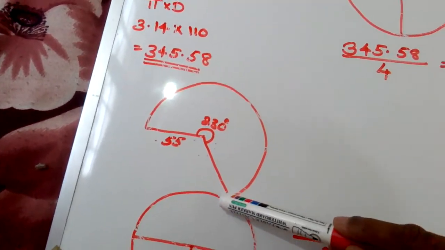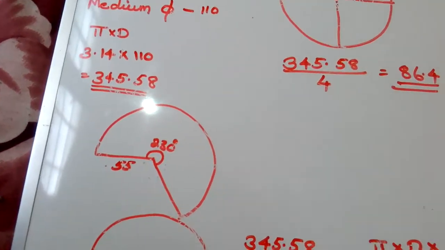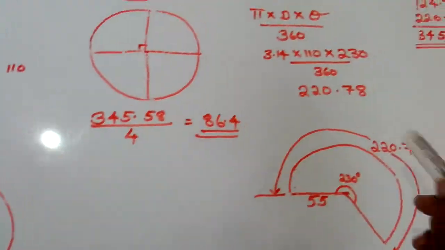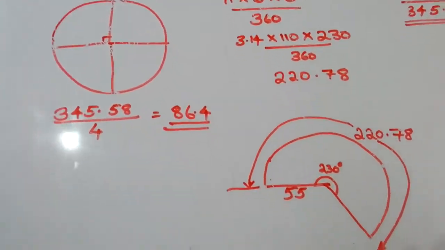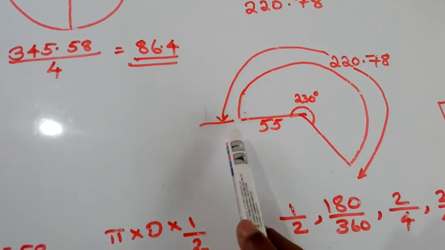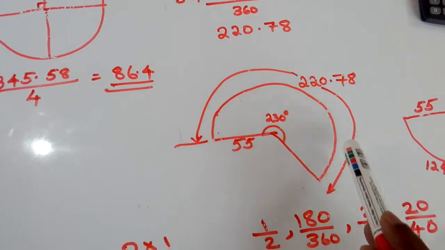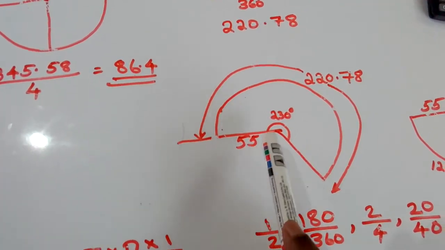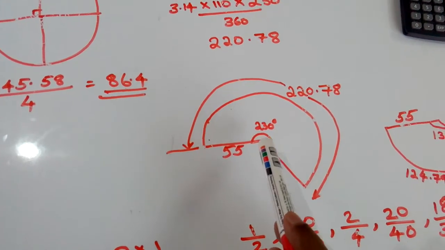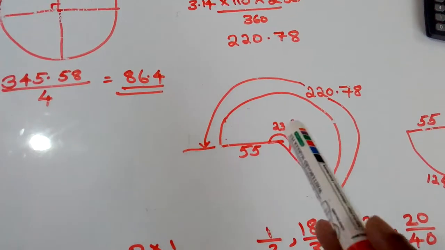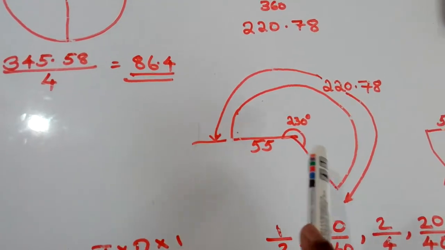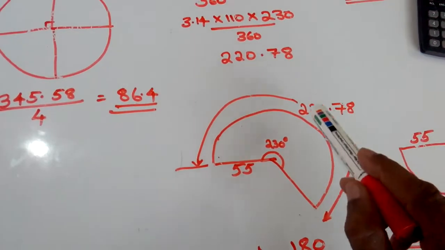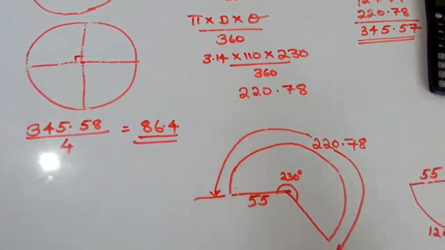That length will be the length of pattern development. For making development, we have to use 220.78 length, as indicated here. If we have to make a job of 230 degree, and its radius is 55, we have to use a length of 220.78.